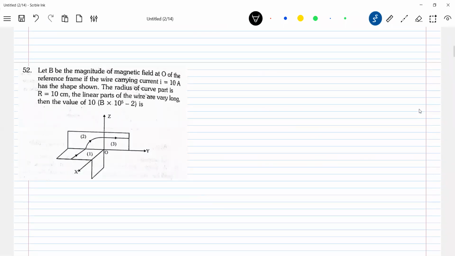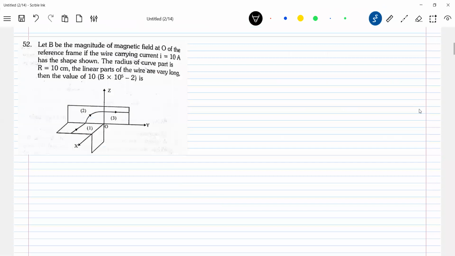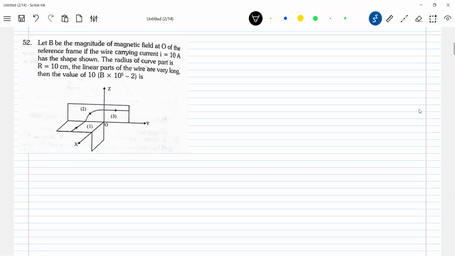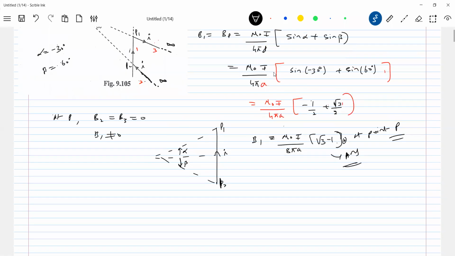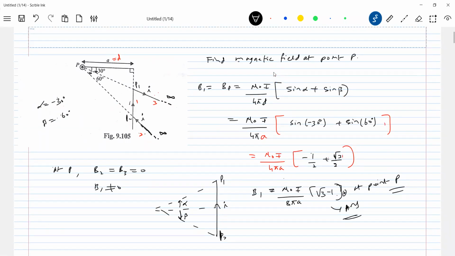I take the next one here. This is alpha. I think you keep one diagram in the end. Beta should be 60. There's a reference line.